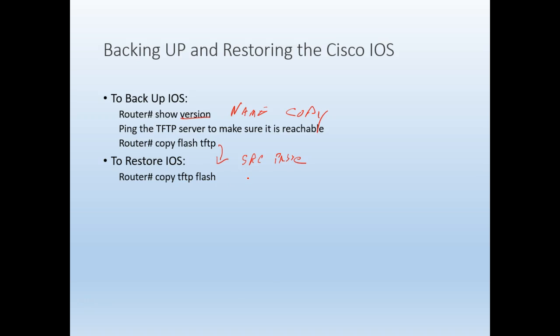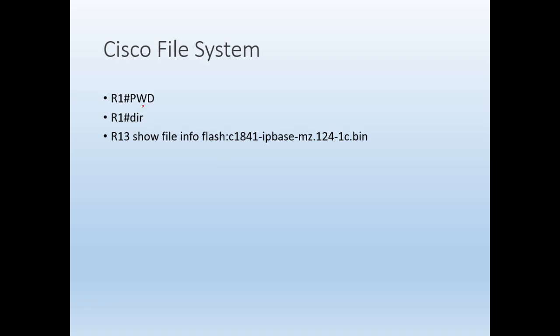You're going to need to know that. Be sure that you can actually ping this thing before you start. And then this says, what's the destination? And it will take the name that you put in up here and make it the destination name so that it keeps that name. To restore it, copy TFTP flash the other way around. So it's always copy, source, and then destination.